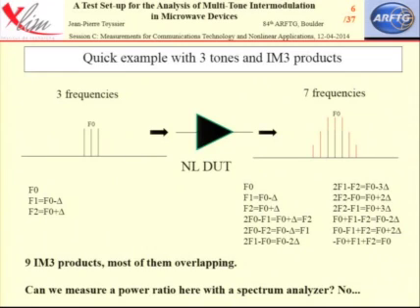Here there's the main guy plus another one. Here the same, the main guy plus another one. So you've got overlapping of tones. So that's very common. That's obvious if you have equally spaced tones. Can you measure this, the response, with spectrum analyzer? And can you end up with a figure of merit like ACPR with, okay, only 3 tones?